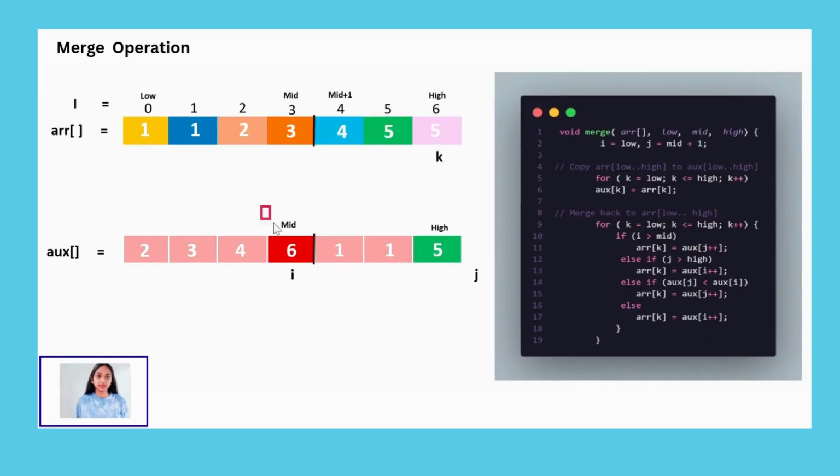For the seventh iteration, there is nothing to compare because we have exhausted the jth index. So now j is greater than high. It means all the elements of the right half got placed in the correct position in the input array. So let's copy the left half's remaining elements into the original array, and vice versa.